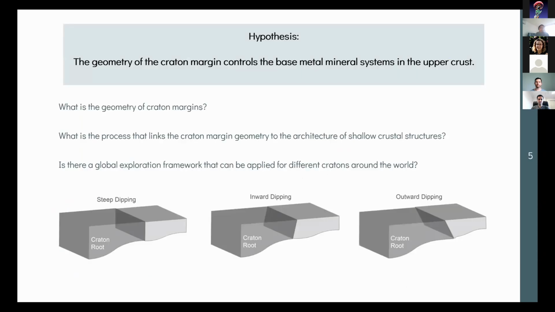So in my research we are working on the hypothesis that the geometry of the craton margin controls the base metal mineral system in the upper crust. And for testing this hypothesis, we have some research questions.